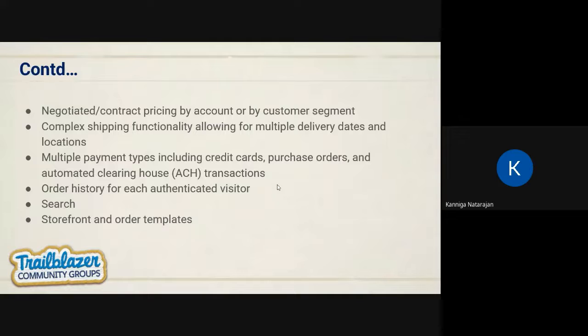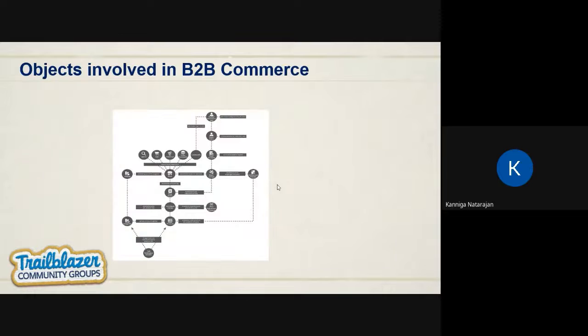Those kinds of implementations are very simple clicks in B2B Commerce Salesforce. Storefront and order templates: many templates are available for each page of the storefront, so we can make use of them for our stores.